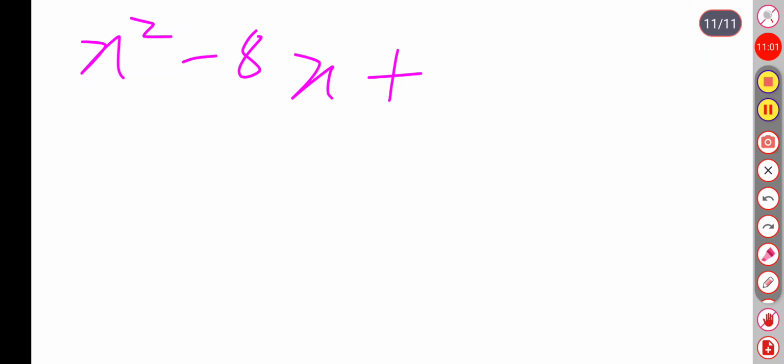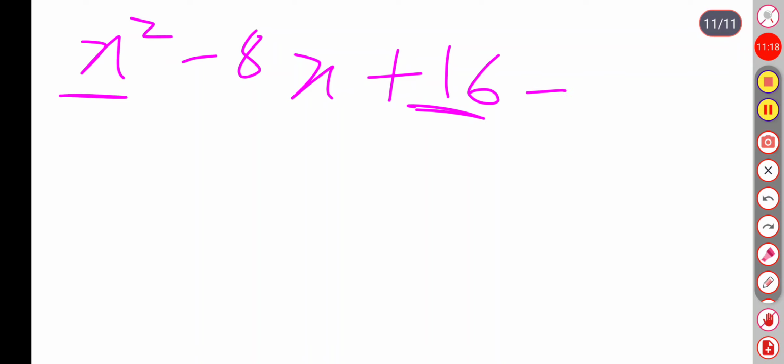factorize using this identity? So we have, first question is x square minus 8x plus 16. Now how to check if we could use (a minus b) the whole square? To check that, we should see first of all if two terms of this expression are perfect squares.